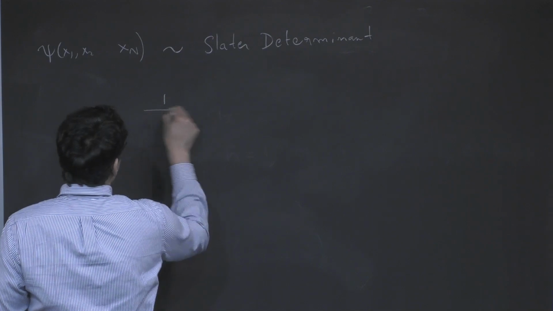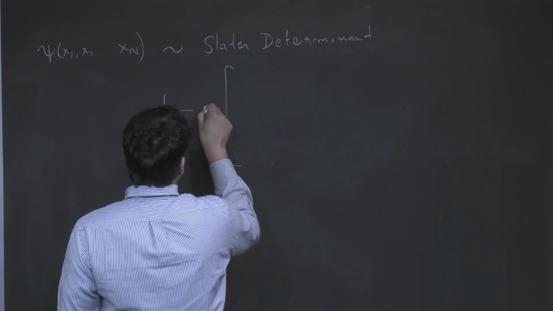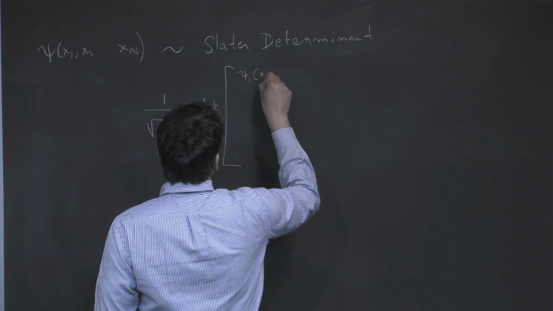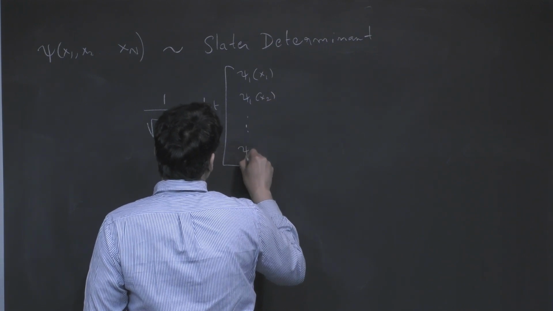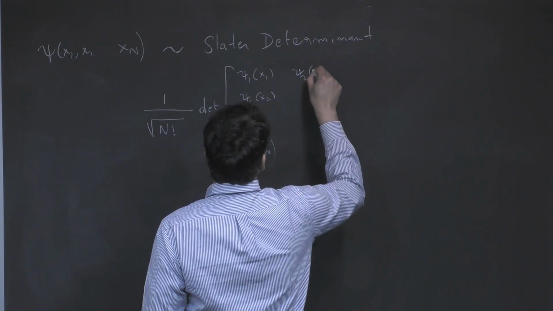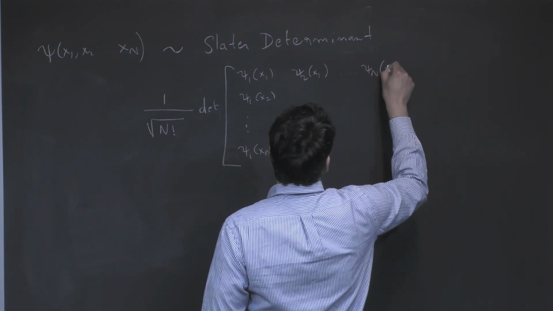That is given by 1 over square root of n factorial times the determinant of psi1 of x1, psi1 of x2, psi1 of xn, psi2 of x1, psi n of x1, and so on.